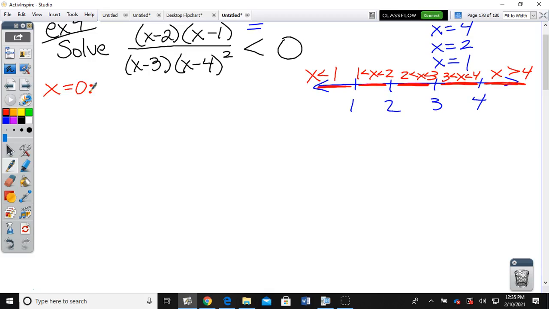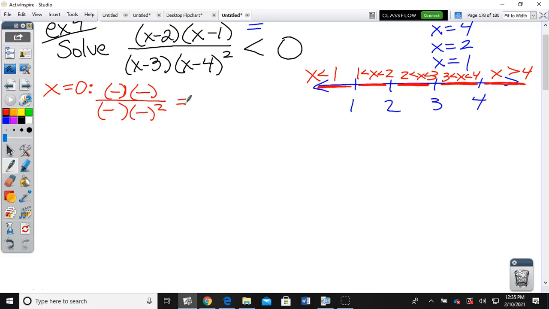I'm seeing which of these it is. Okay? So 0 is less than 1, correct? So I'm going to try 0. If I plug 0 in here, what kind of number would I get? Negative times negative, divided by negative squared.